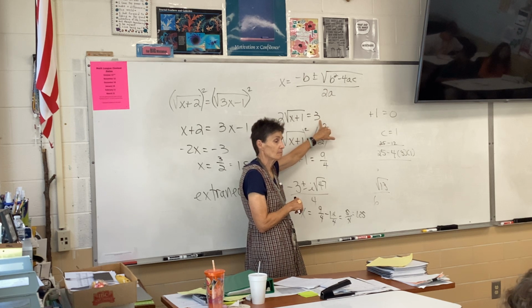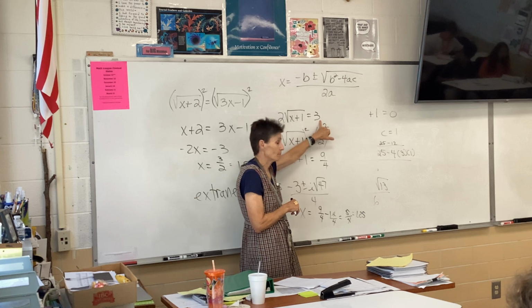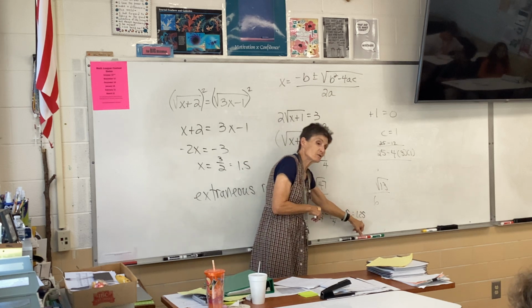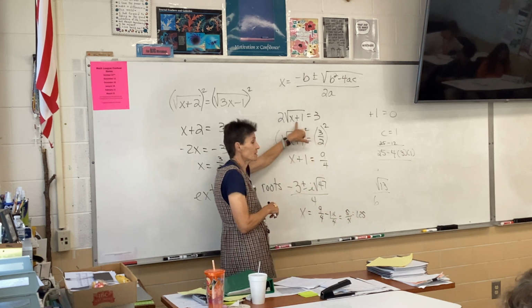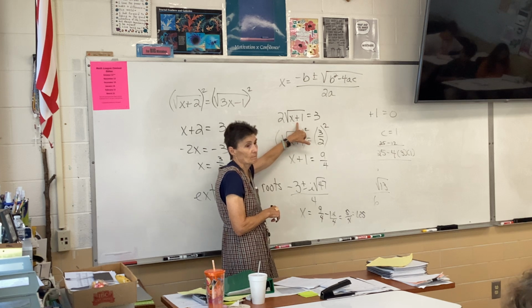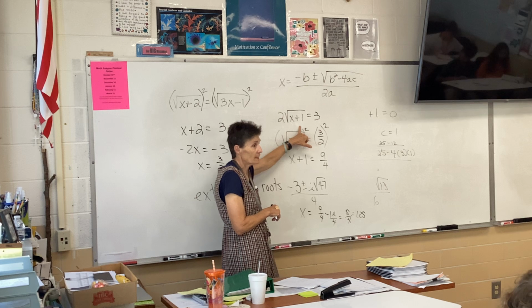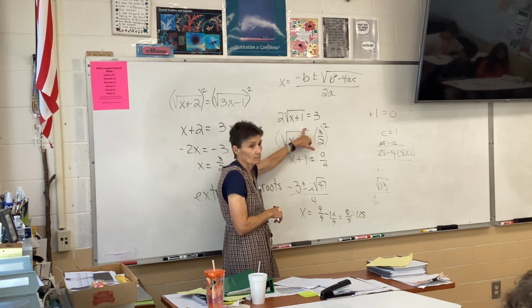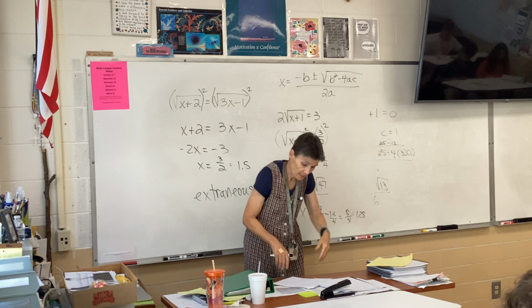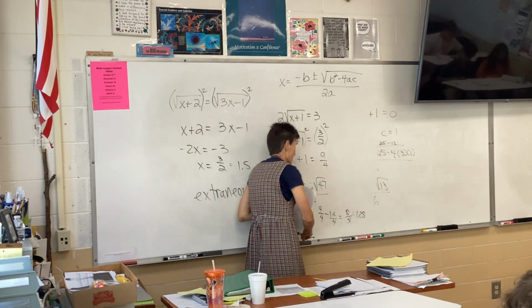Lord, I hope it did. 1.25 plus 1 equals, square root that number, equals, times 2. Should have been 3. If it's not, you need to figure out how to type that in. So that would be office hours tomorrow.